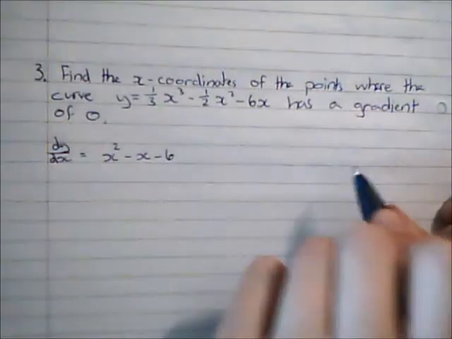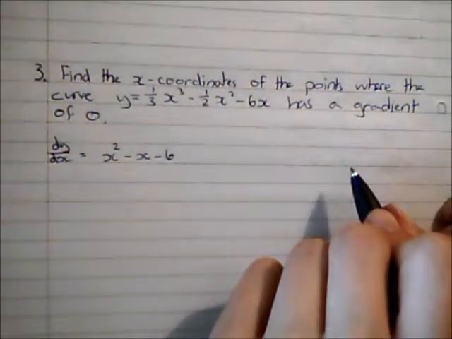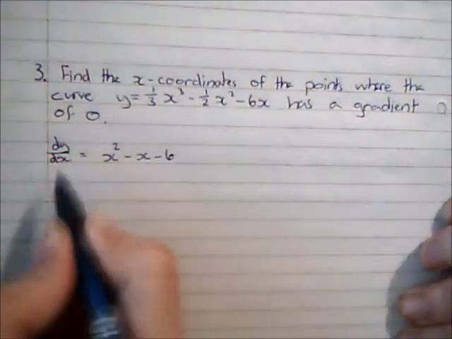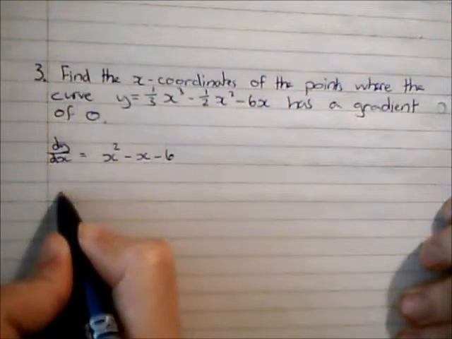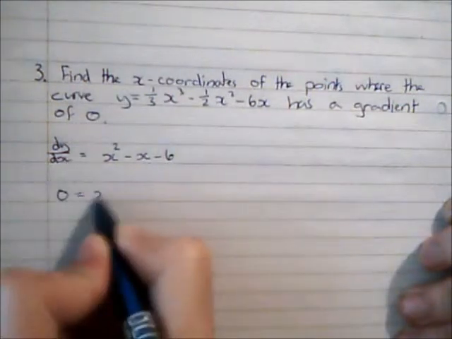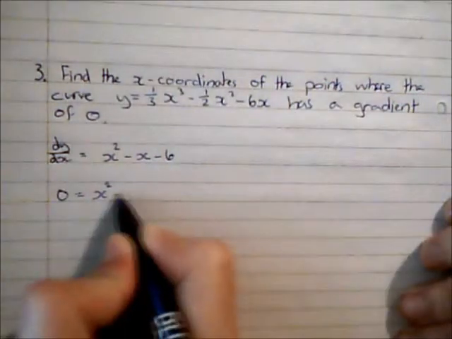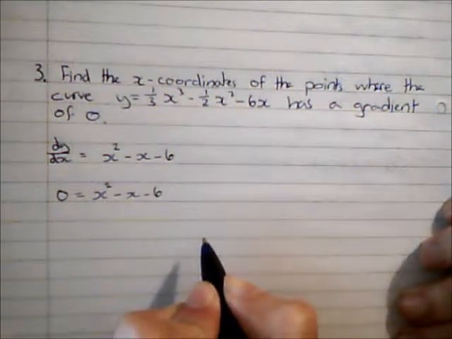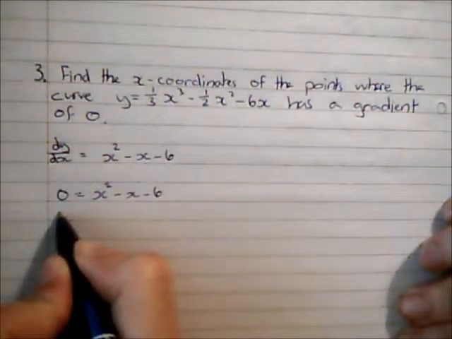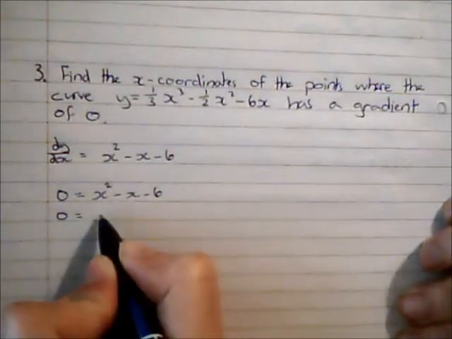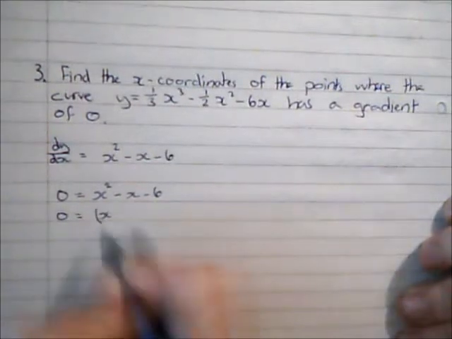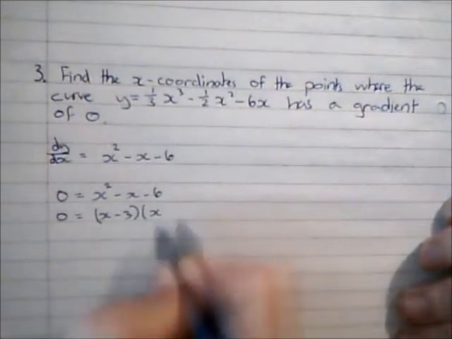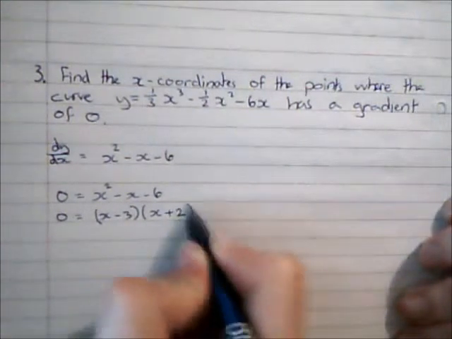And it tells us that this curve has a gradient of 0 and we want to find those points. So dy by dx is the gradient, so 0 is equal to x squared, subtract x, subtract 6, and I've got a quadratic to solve, so 0 is going to be x subtract 3 and x add 2.